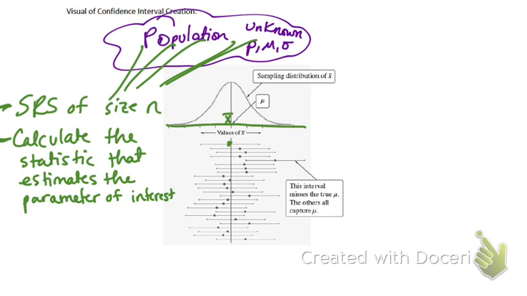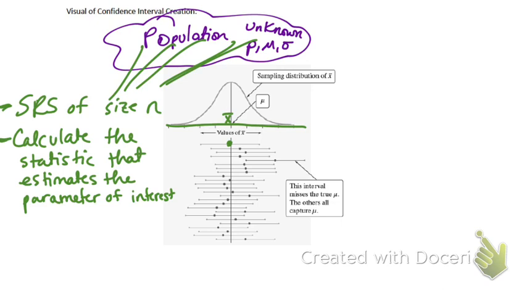Now we go, all right, cool. Do you think that that X bar is going to be exactly the same value of the mean in the population? Probably not. Why is there going to be a little bit of a difference? Sampling variability. So we go, you know what? I wish I had a little wiggle room for my guess. And so what do I come up with? I come up with a margin of error.